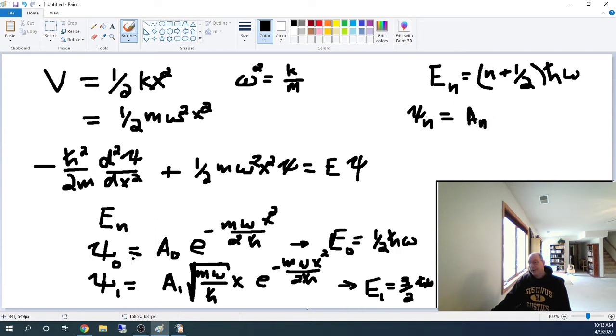When you integrate over all space, the total integral of psi squared should be 1, so a sub n is built to do that. Then I've got the Hermite polynomial of order n, which is a function of x, times the exponential e to the minus m omega x squared over 2 h bar.